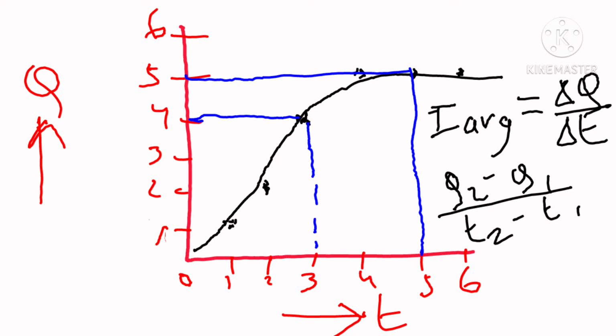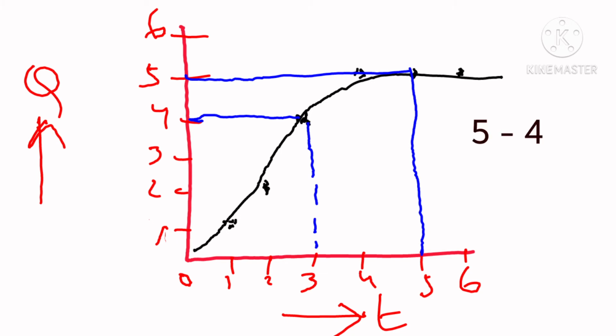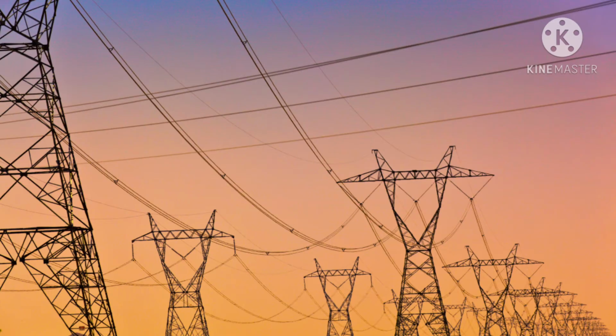Here q2 is the final charge, q1 is the initial charge, t2 is the final time and t1 is the initial time. So the value of average current equal to 5 minus 4 divided by 5 minus 3, that is 0.5 ampere. Till here I hope you got a brief idea about the instantaneous and average current.